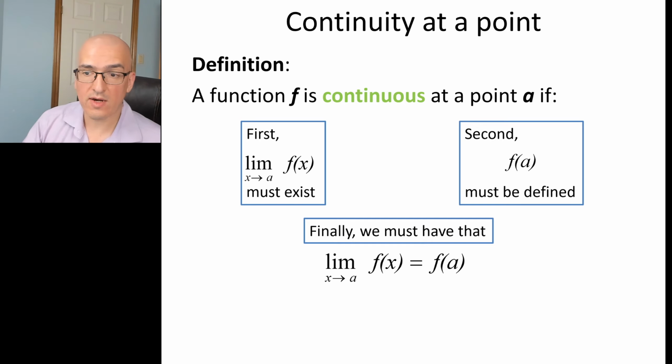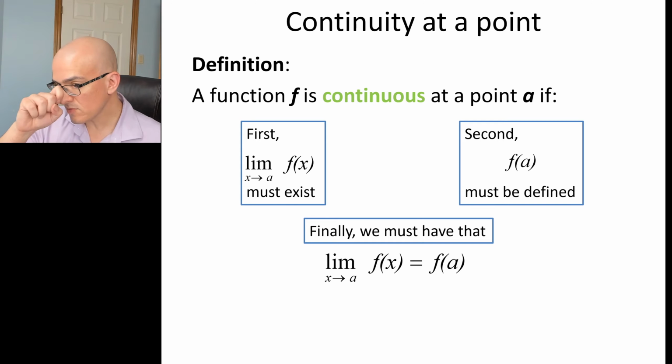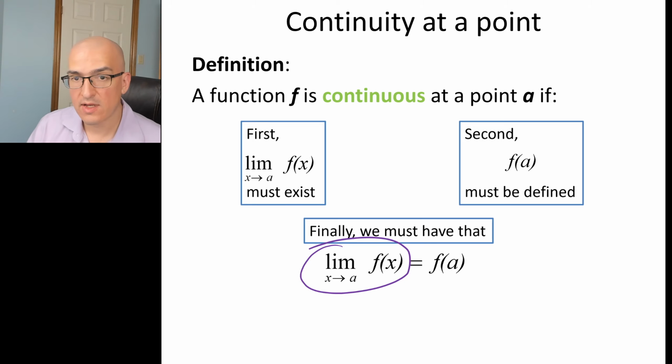Anyway, that statement at the bottom is the grand statement of continuity, that the limit as x approaches a of the function is equal to the value of the function at that point. But remember, contained within this statement is the left and right limits being equal.